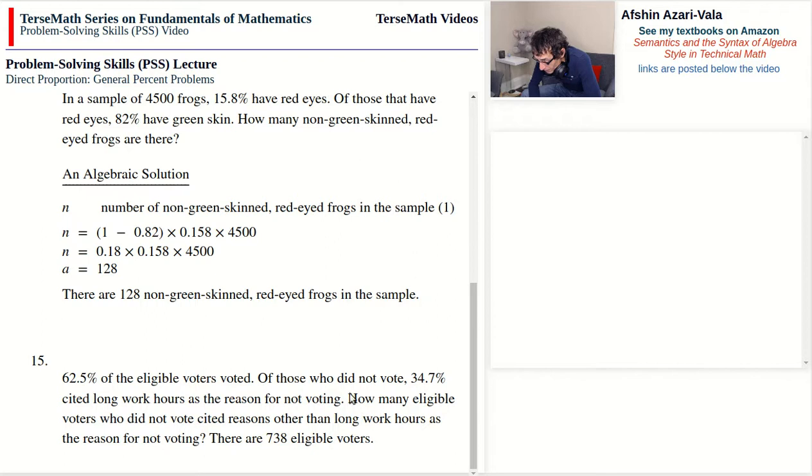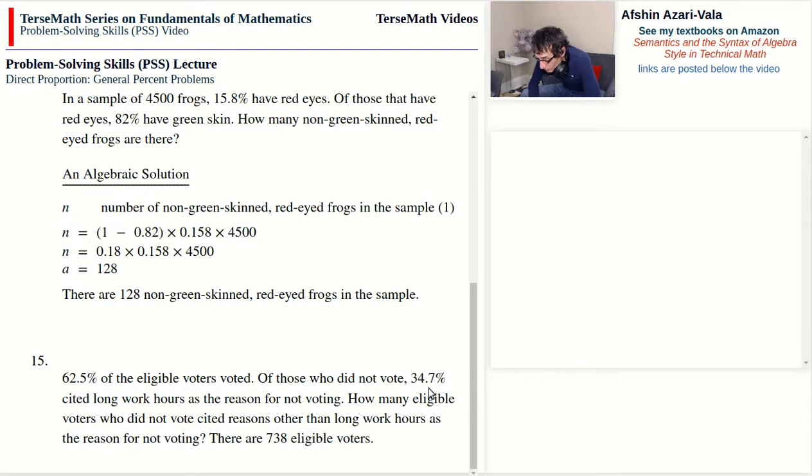This is the key statement you should look at. Take a look at what you're looking for, what it is that you want to find, and then compare that to the percentage and see what that percentage refers to. How many eligible voters who did not vote? 62.5% voted, and therefore we will be using 100% minus 62.5%. That's the percentage that goes with those who did not vote.